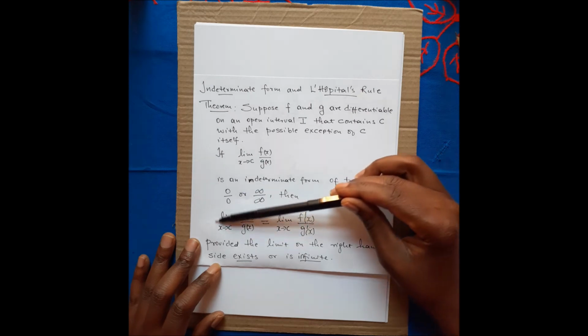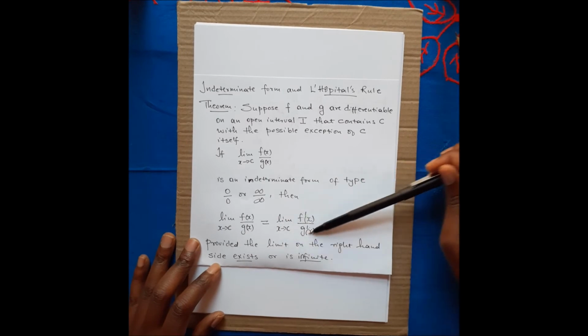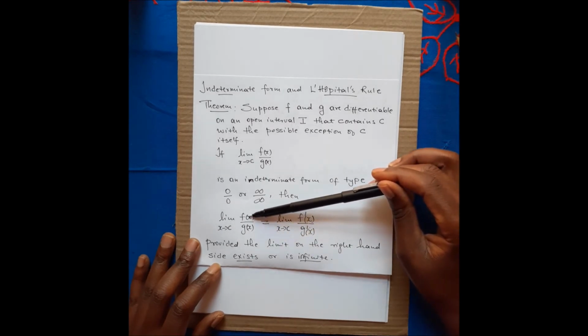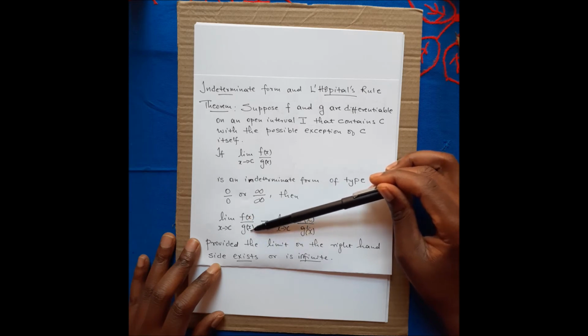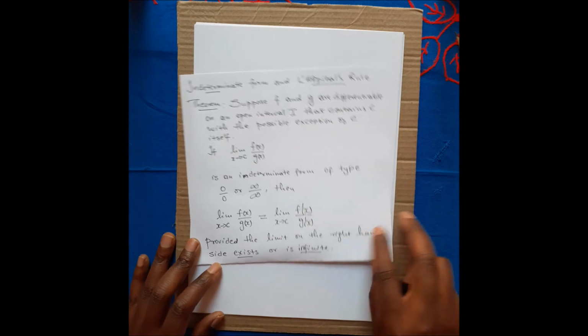The theorem tells us that this limit is the same as the limit which we find by first finding the derivative of the numerator and then the derivative of the denominator, then we evaluate the limit. That's what it says.